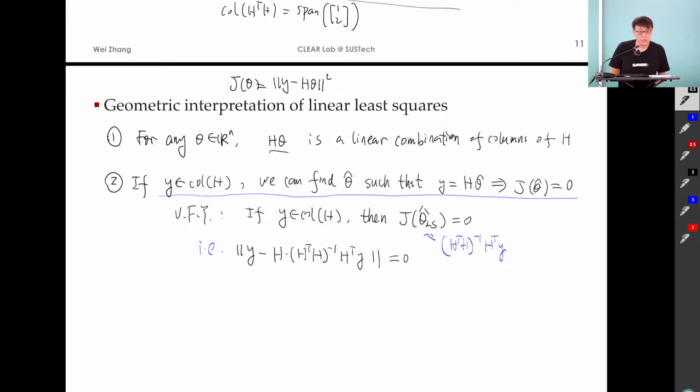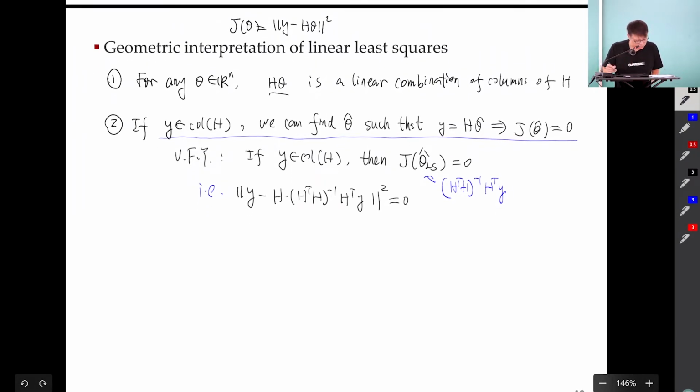This is actually 0. Square or not is fine. So that's almost a trivial case. You just play with it, you will find it out. I don't want to tell you everything, but this you can think about.